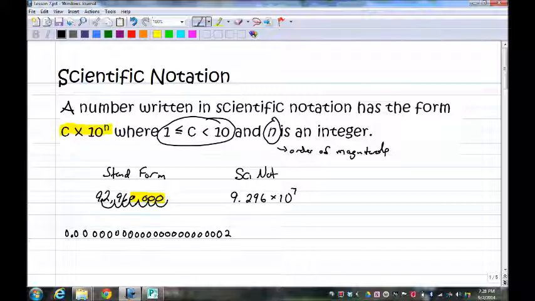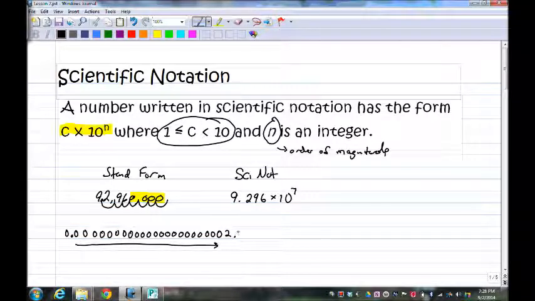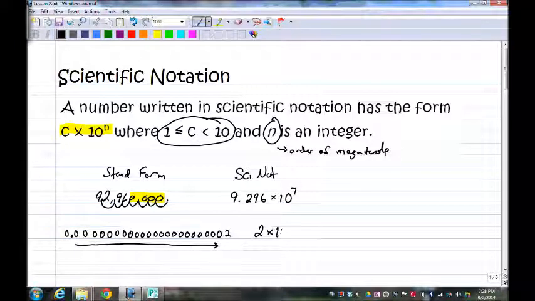So what we would want to do here is move the decimal this direction so that the number in front of the decimal, again, is 1 through 9, including 9. So 1, 2, 3, 4, 5, 6, 7, 8, or 9. So in other words, I would need to move it so it's right there. Then my scientific notation would be 2 times 10.